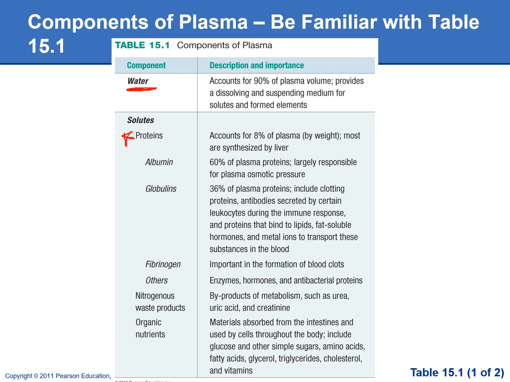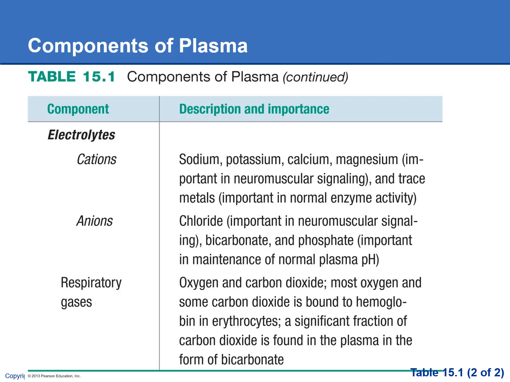And then out of the proteins, the most common plasma protein would be the albumin. But we also have globulins and fibrinogen as well. And then we've also got waste products and nutrients. And then also we've got some ions and gases also dissolved in our plasma.